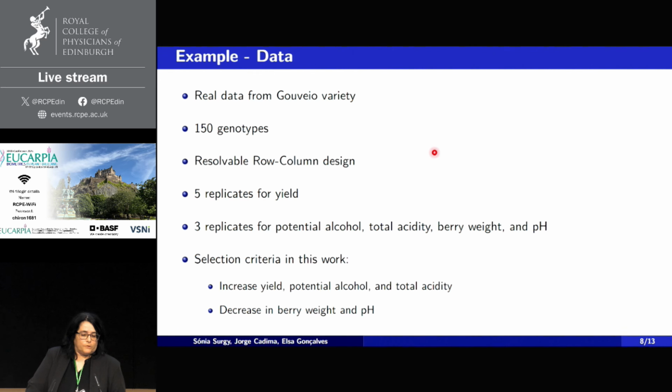The trial follows a resolvable row column design. Several traits were evaluated, and the selection criteria in this work was to increase yield, potential alcohol, and total acidity while decreasing the berry weight and the pH.